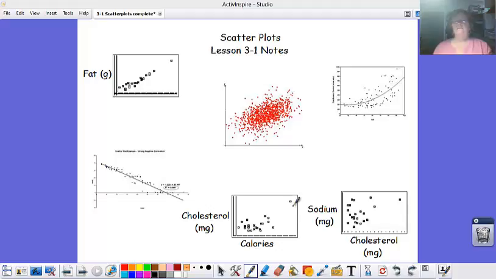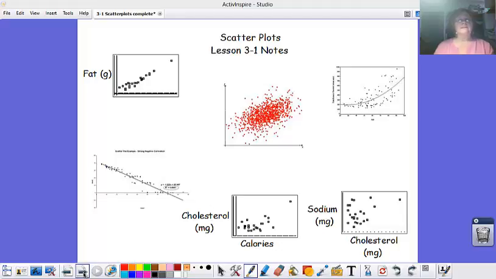And we've added this one that plots cholesterol against sodium, another food thing that's going to make me hungry. This one also seems to have an outlier, one value that's way far off from the rest, and it might be said that without that value, again, this plot would have a totally different look to it. So those are the kinds of things that we're going to talk about as we go through our chapter on correlation.